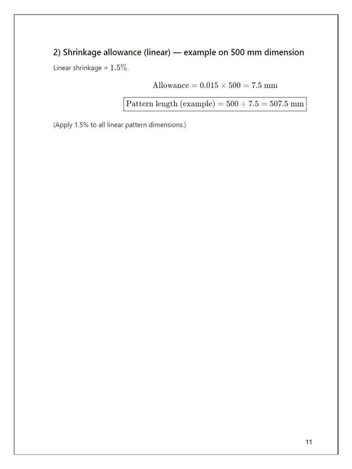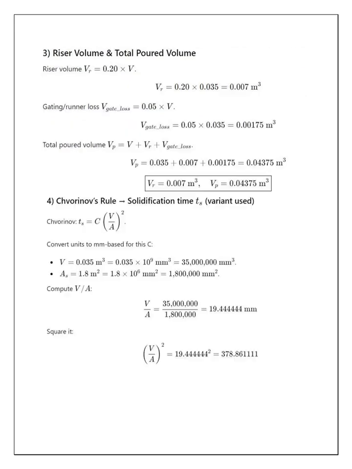Secondly, we calculate the shrinkage allowance. For an example dimension of 500 mm, the allowance is 0.25 into 500, which equals 7.5 mm. So the pattern length is 500 plus 7.5, which is 507.